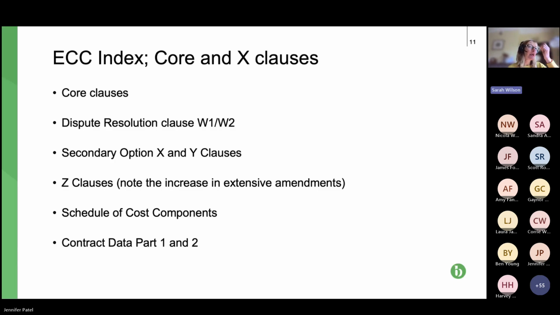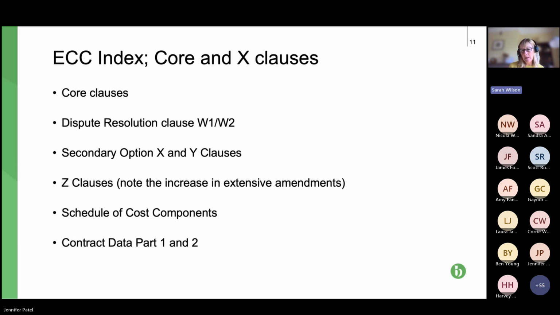Okay, so looking at the ECC, the engineering and construction contract, at high level. So this is, as I said, the ECC, but of course, what we have already learned is that most of the other contracts have similar provisions, and a similar high level index. So first of all, we have some core clauses, and we're going to look at those in a bit more detail later on.